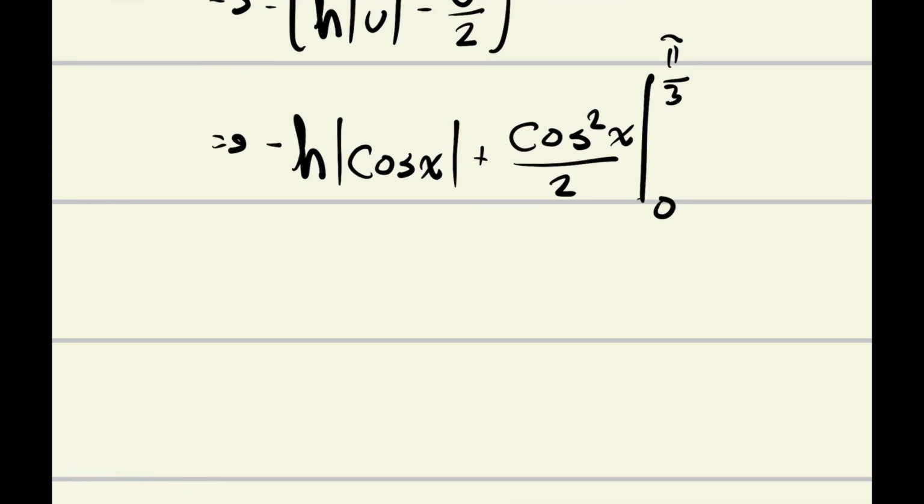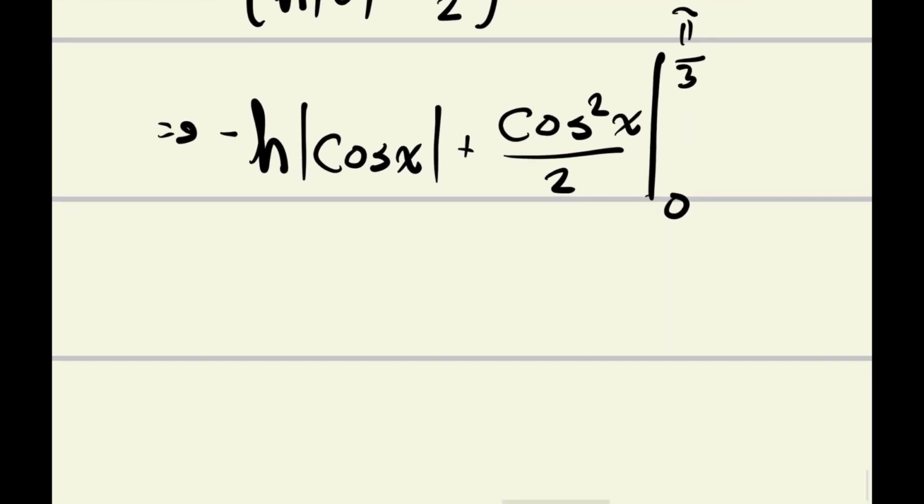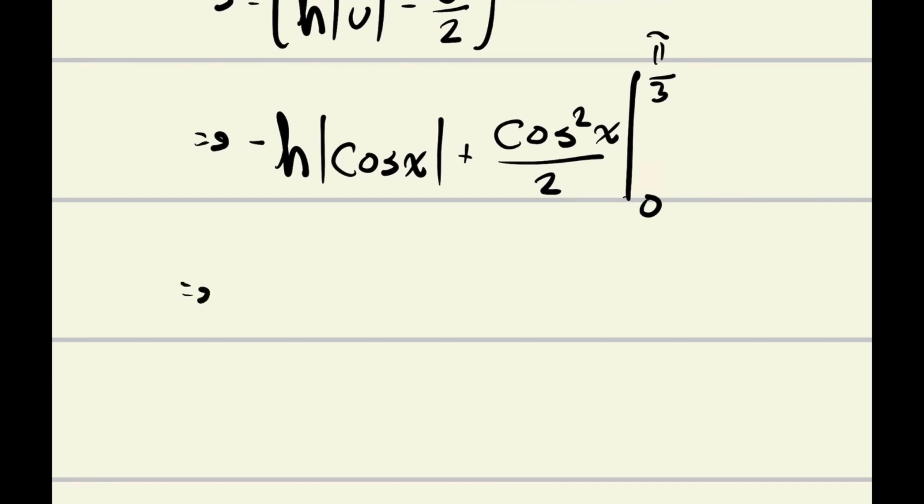When we solve for that, cosine of pi over 3 is 1/2. And cosine of pi over 3 squared is 1/4, and 1/4 over 2 is 1/8.